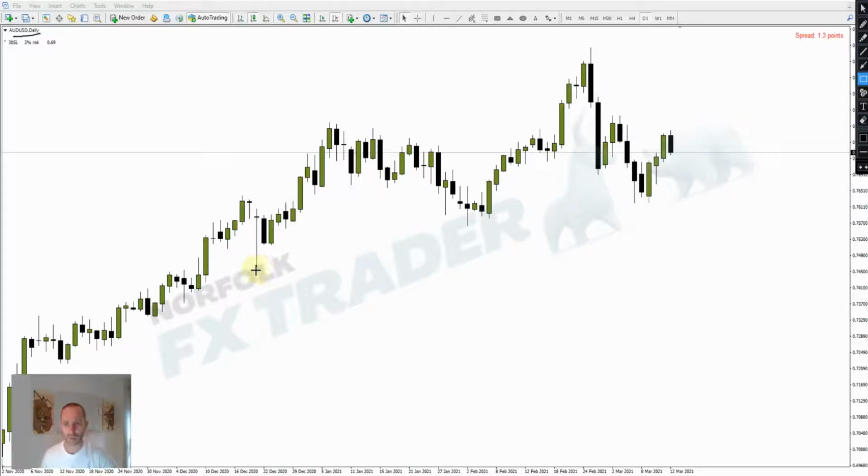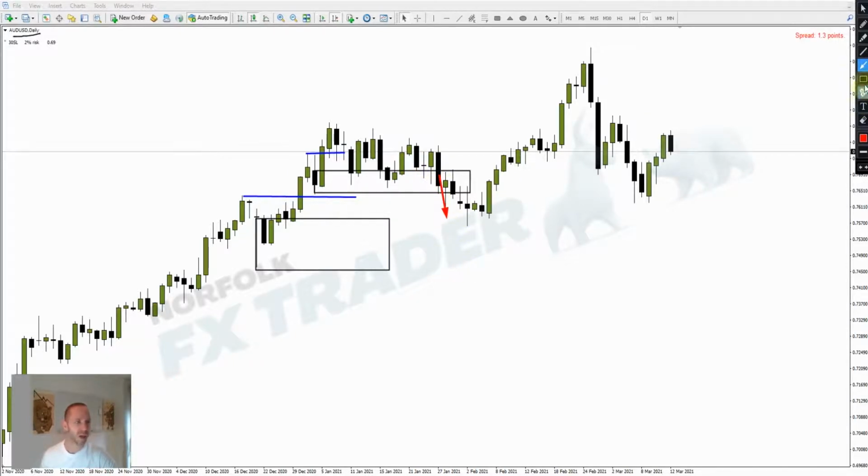So as the market rallies up here, the market creates and breaks this high. It then breaks this smaller high and we create a new area of demand right there. Now eventually the market comes back and it breaks through that area of demand and it creates this area of supply. That is how you would look for a reversal.